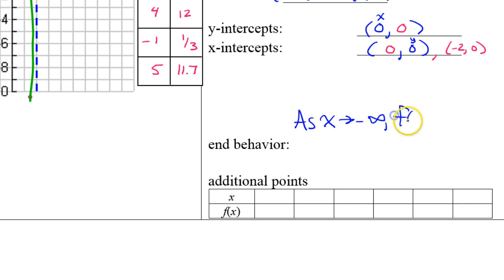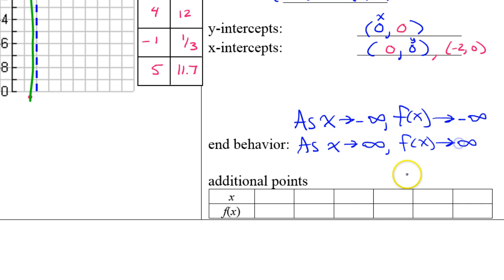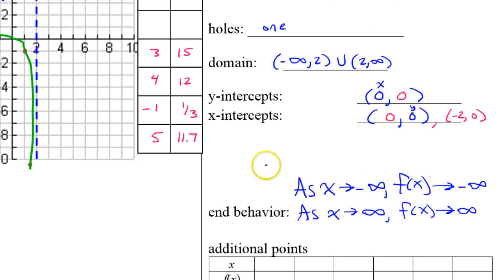As we go to the left, the function is falling. As we go to the right, the function is rising. And that's it for problem number 3. That was our last problem.